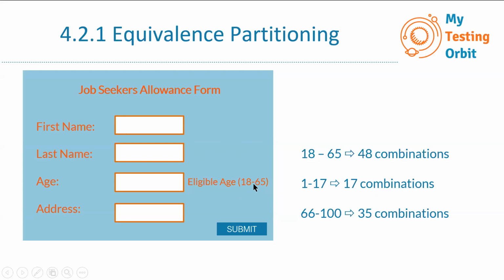By doing this, we can reduce the time and the number of test cases, but what's the problem? We can't assure that we are covering maximum scenarios, maximum tests. And remember, the best approach is to create minimum test cases with maximum test coverage.